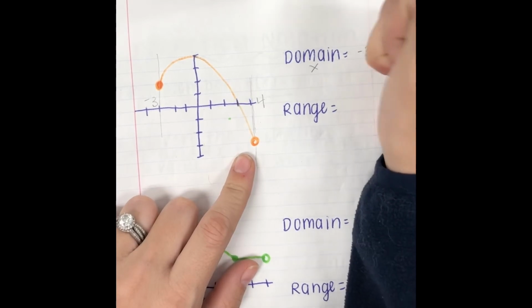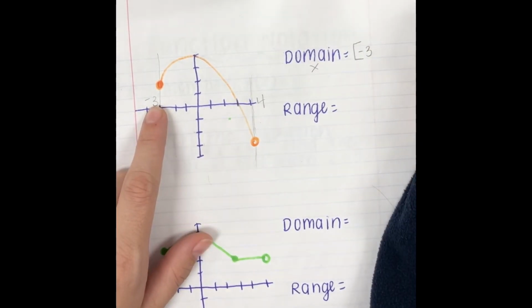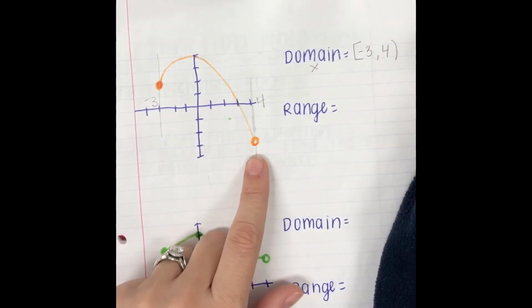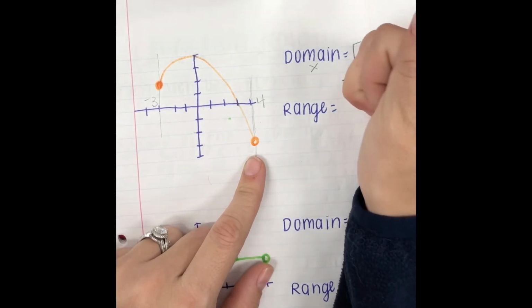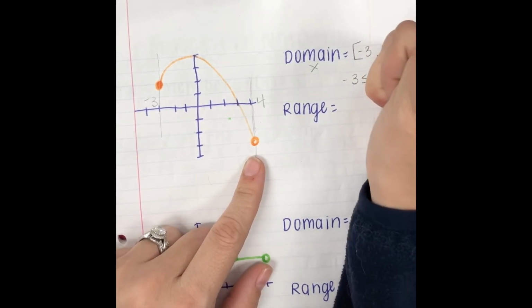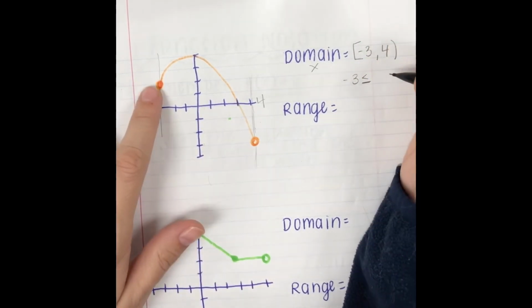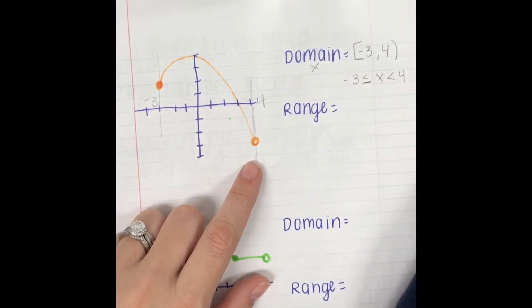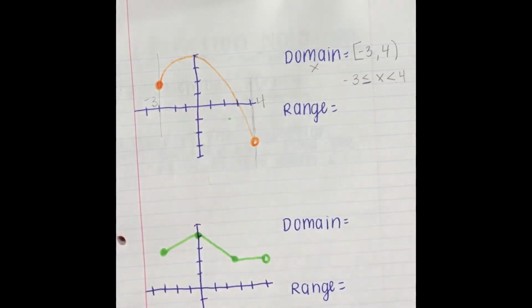So we would say -3 with a bracket because it's a closed circle, to 4 with a parentheses because it's an open circle. Or another way you can write it is -3 is less than or equal to x, because closed circle, and then less than 4. Less than because it's an open circle.